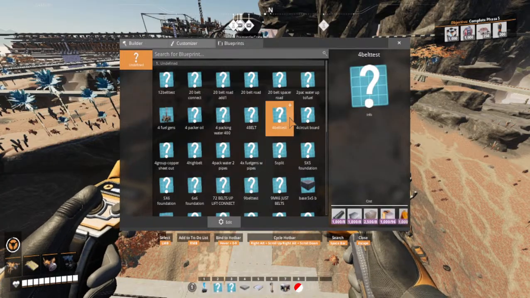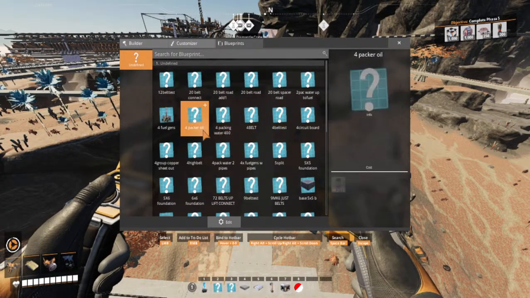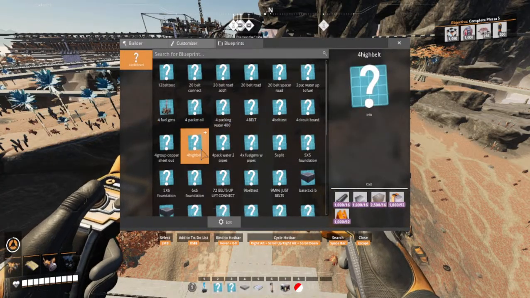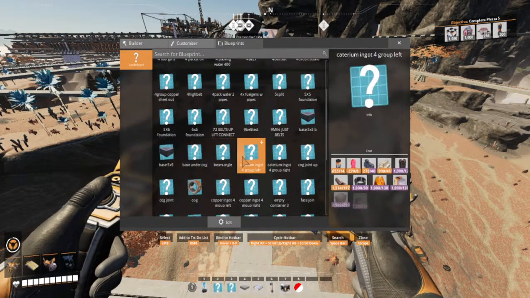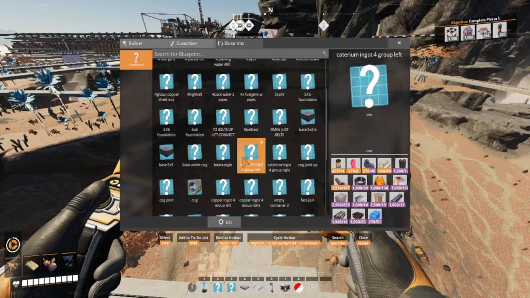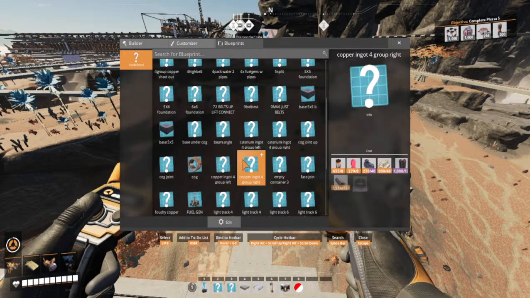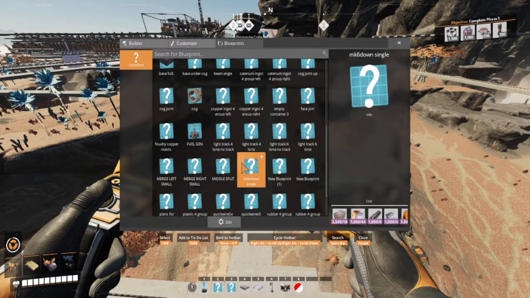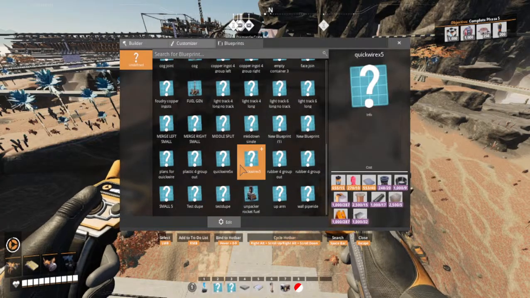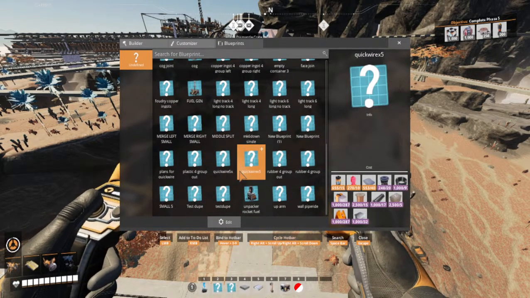No, that's not it. Shit, well, I just used it for quick wire. Criterion group left, criterion group right. No. Quick wire.